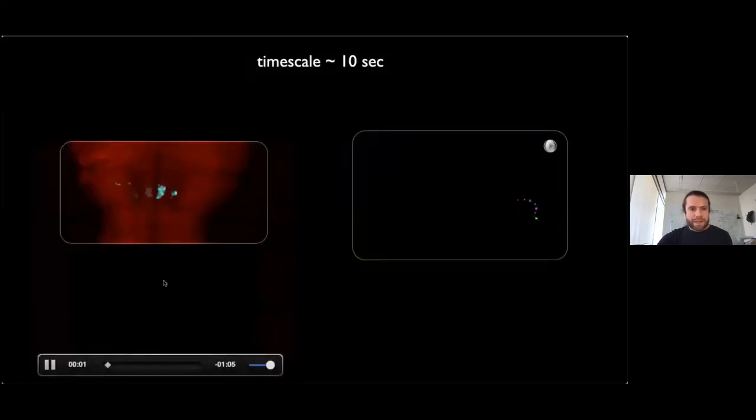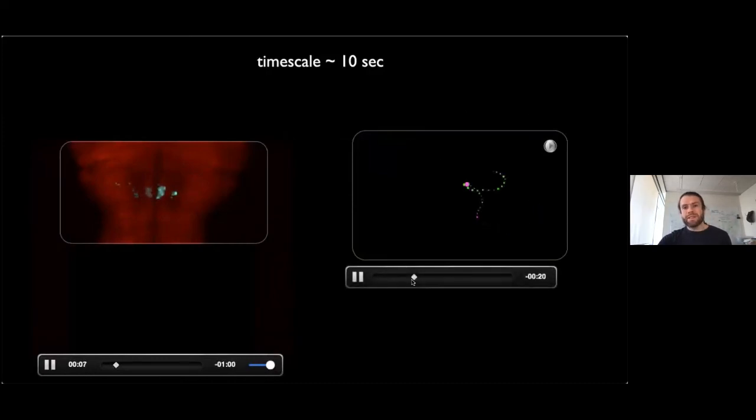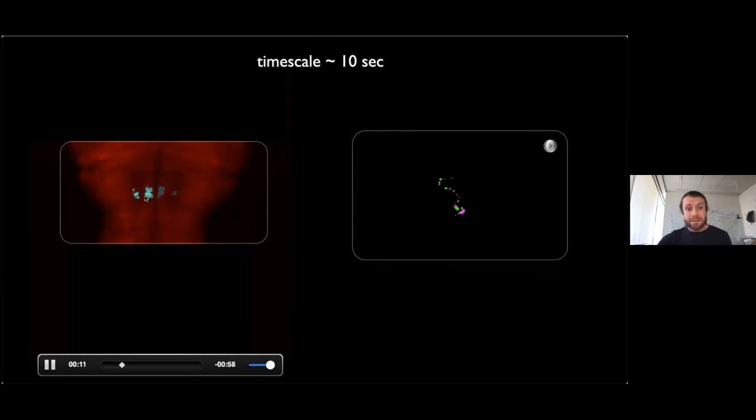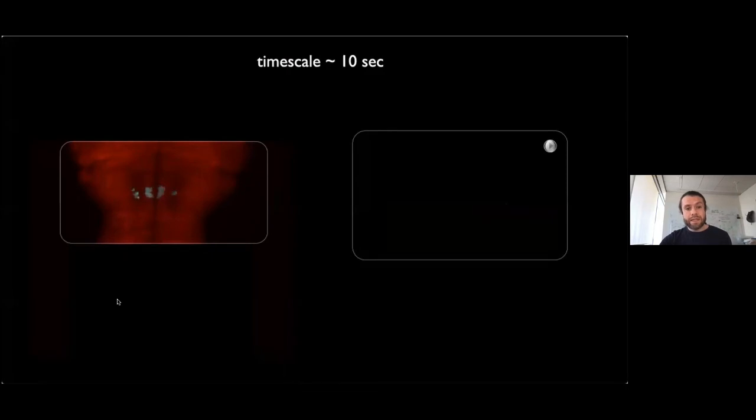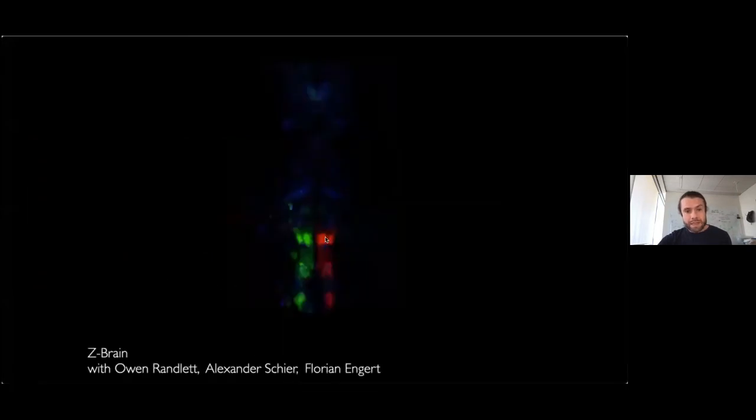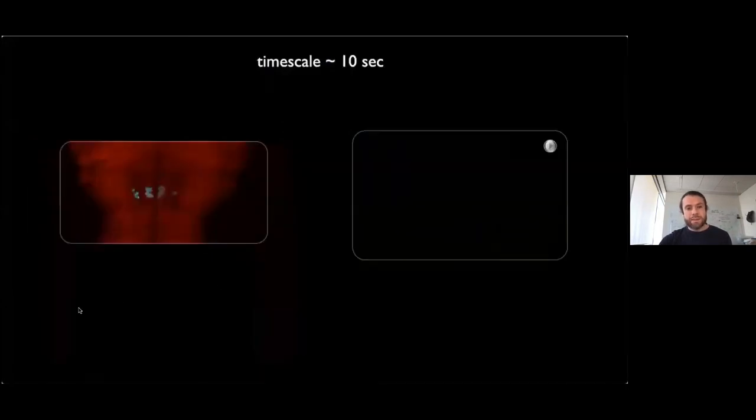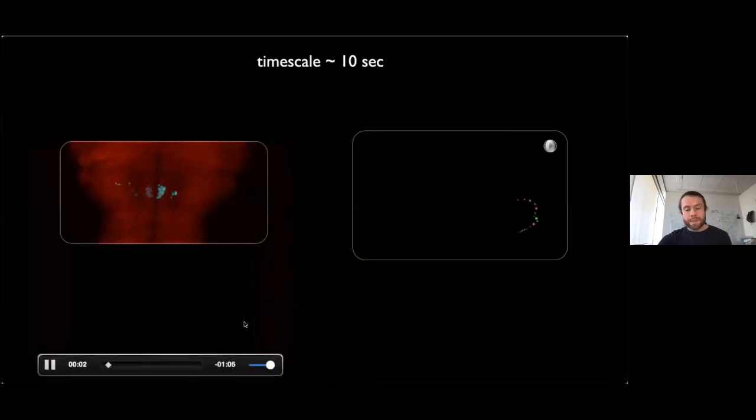And so here's activity. This is sped up, I think, by a factor of 10. This is not the same fish, but just the hypothesis that we were testing: whether activity in the ARTR, namely this region here, is indeed underlying these swim patterns.